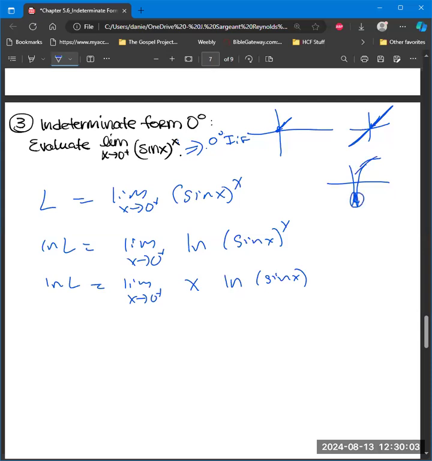I'm tending towards negative infinity, so I'm coming from the right. So this is going to be 0 times a negative infinity right now. So let's bring this x down. This is an indeterminate form right now, but not the one that I want.